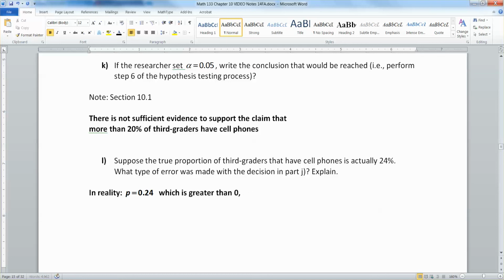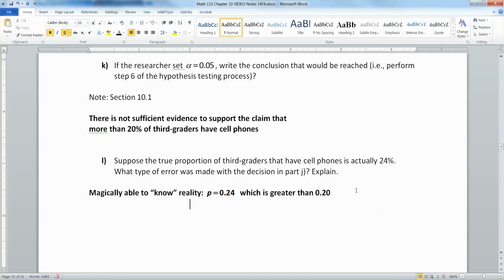So we're somehow magically able to know reality, because of course in real life you don't get to know reality. So if that's the case and you've got special powers, that p equals 0.24, which is greater than 0.20, what kind of error could that lead to?